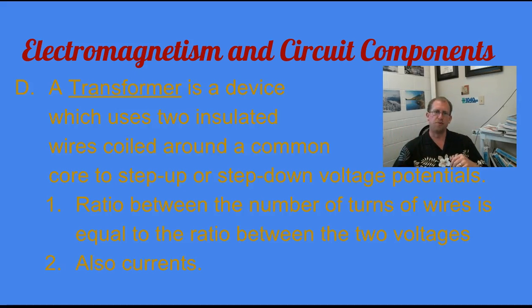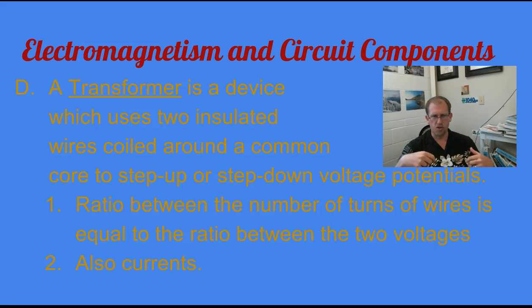And so voltage applied to the side that has 2 wraps would create half the voltage potential on the other side. Voltage applied to the side that has 2 wraps would cause the 4 wrap side to have twice the voltage potential on the other side. So the ratio of voltage potential to the number of wraps is equivalent on a transformer. It also works for current. The number of wraps on either side has the same ratio as the resulting current.